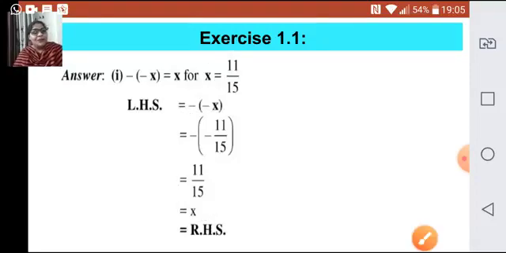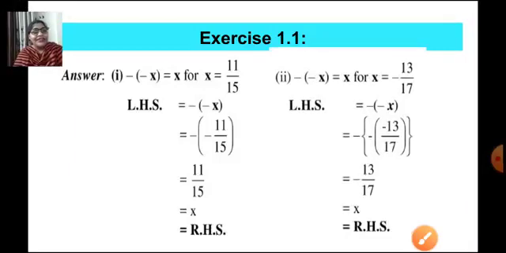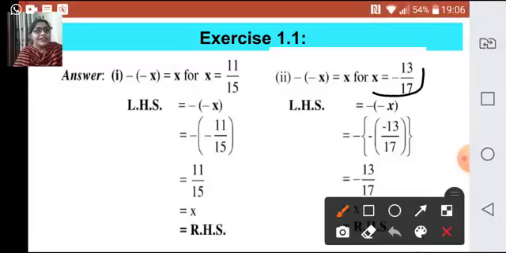Okay. Let us move ahead. This is the second one. Again the x value is given, negative 13 upon 17. So negative of negative 13 upon 17 will be equal to negative 13 upon 17, which is nothing but the given value of x here, children.